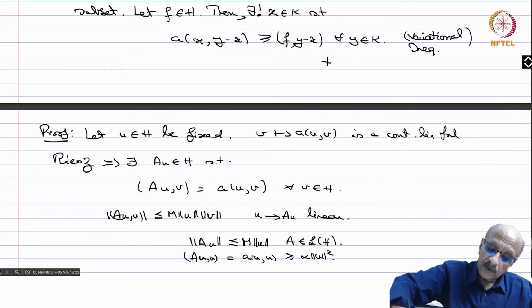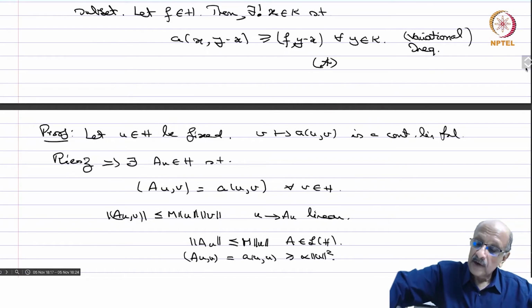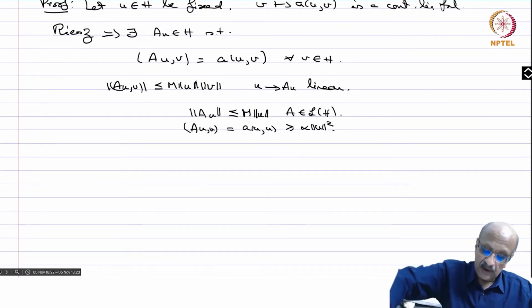So let me call this variational inequality star. That's the problem which we have to show.